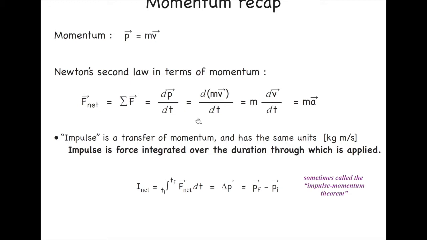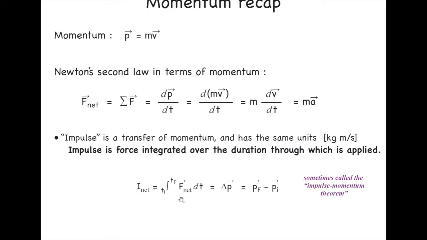Okay, and the next thing we covered was what you might call the reverse of Newton's second law, which is that if F is dp/dt, then the inverse of a derivative is an integral. And so the integral of force over time gives us the change in momentum.